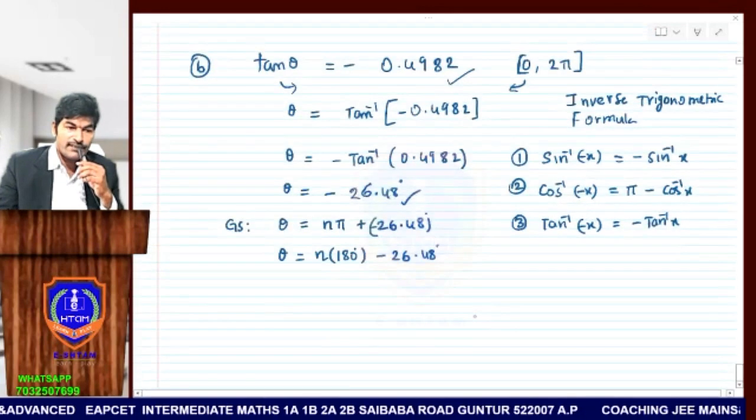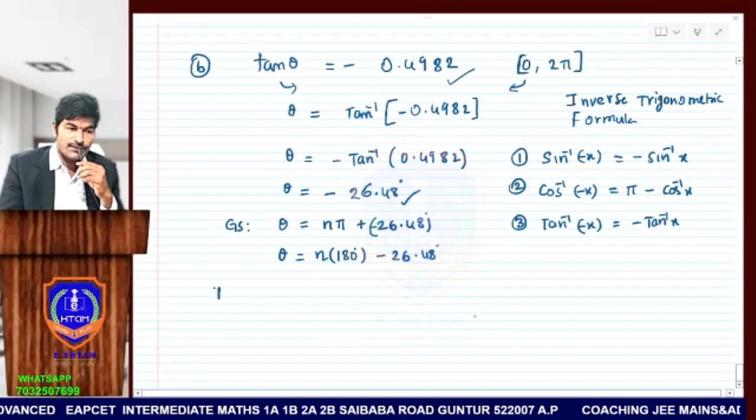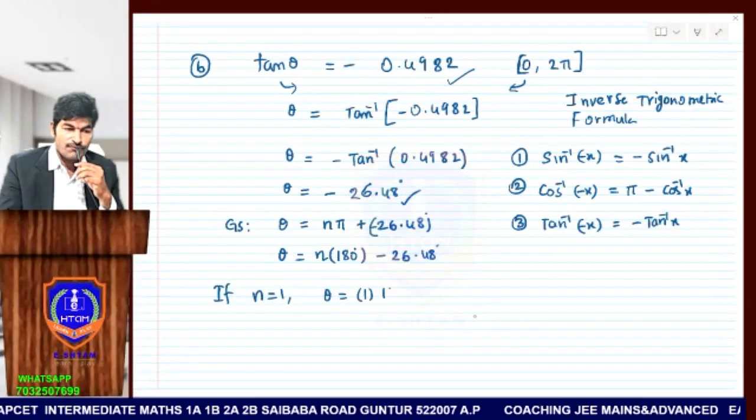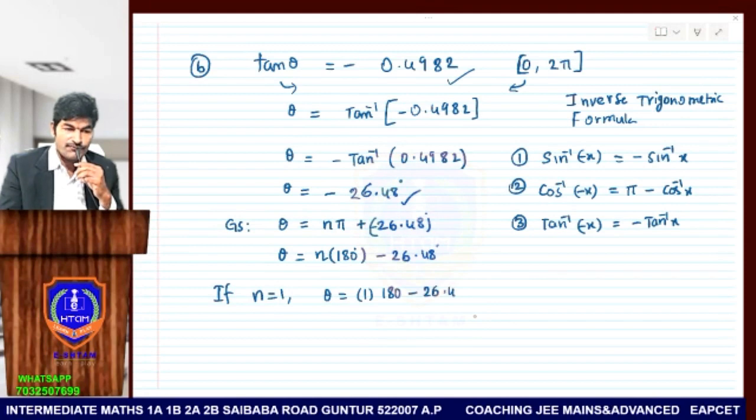Now we will try n equal to 1. If n equals 1, then theta equals 1 into 180 degrees minus 26.48 degrees. This subtraction is done as follows.